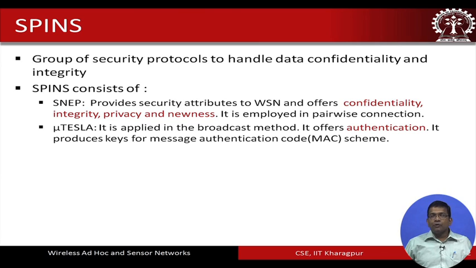So, pairwise keying, SNEP basically does that. And the other part is the micro-TESLA, and it is applied in the broadcast method. It basically offers authentication and produces keys for message authentication code scheme.